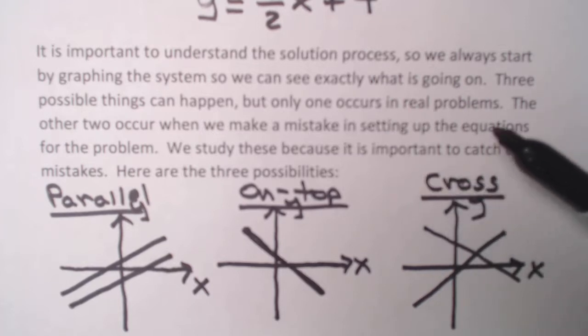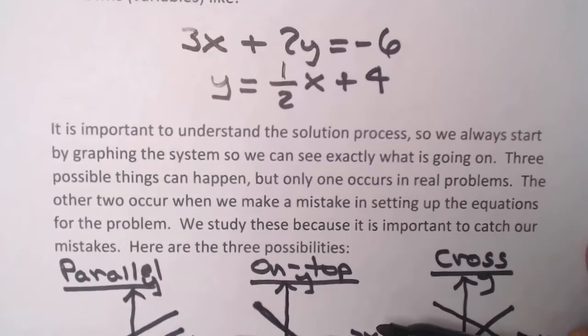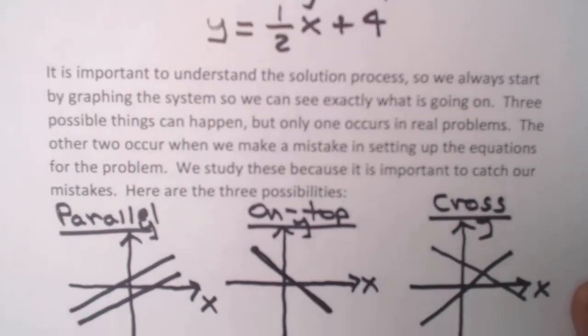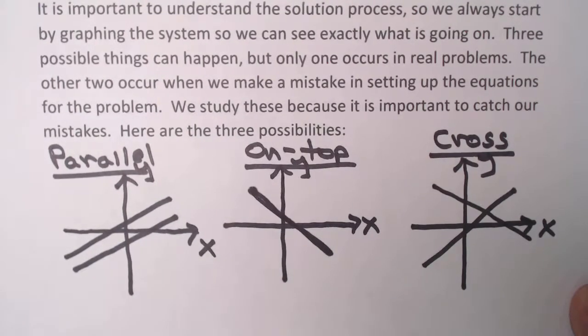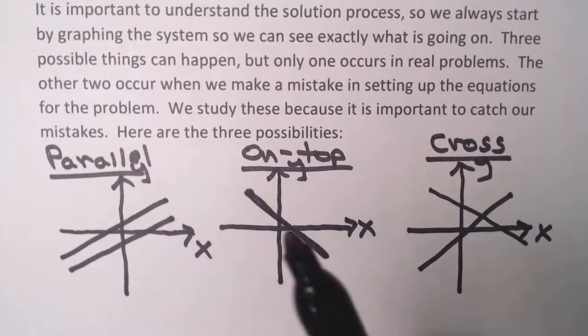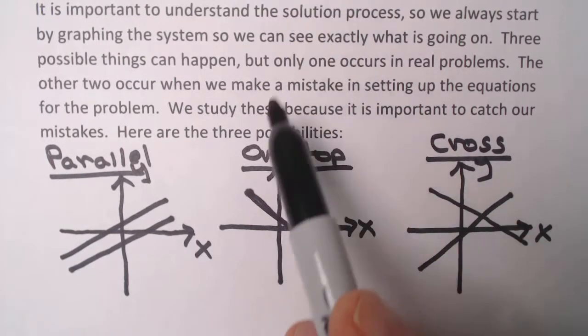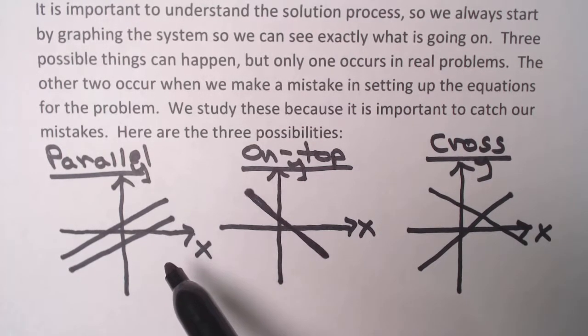So here we go. If you've got two equations, like the ones we showed you up here, and you graph both of them on the same xy axis, there are three different things that can happen. The two lines that you get, one from each of the equations, can be parallel to each other.